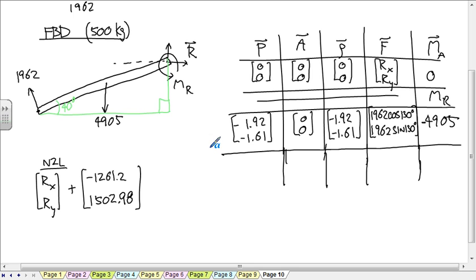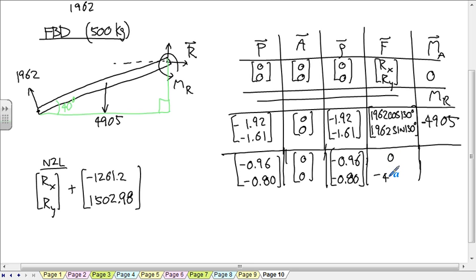So the location is going to be the average of the origin and negative 0.96 and negative 0.80 or 0.81. So the row vector is negative 0.96, negative 0.8. The force vector is 0, negative 4905.